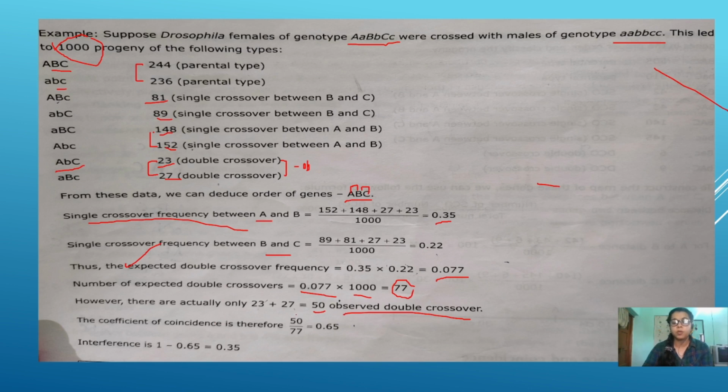So the observed is 50 divided by the expected, 77, and you get the coefficient of coincidence of 0.65. By this you can easily calculate the interference, that is 1 minus 0.65, because the interference formula is 1 minus the coefficient of coincidence. So you get 0.35.